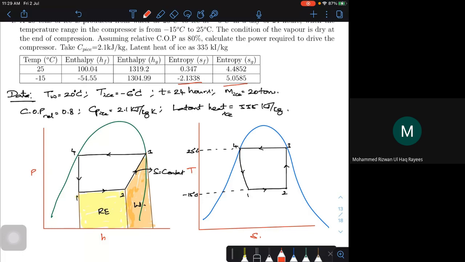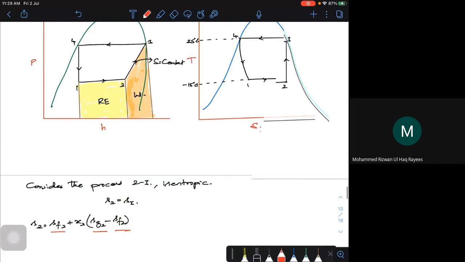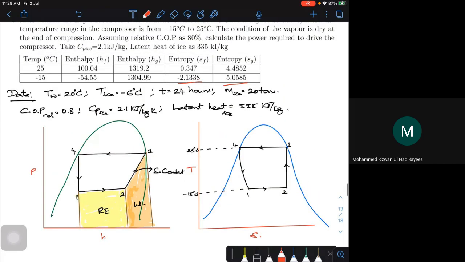So that's equal to your S2. Then what is your S3? S3 is this condition, which is dry saturated. So at 25 degrees, if I check the entropy, it is 4.4852, that is S3. So equate S2 and S3, and you can easily calculate the condition of the refrigerant at this particular point. Is that clear?